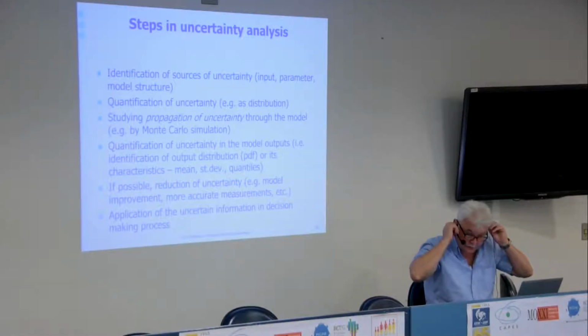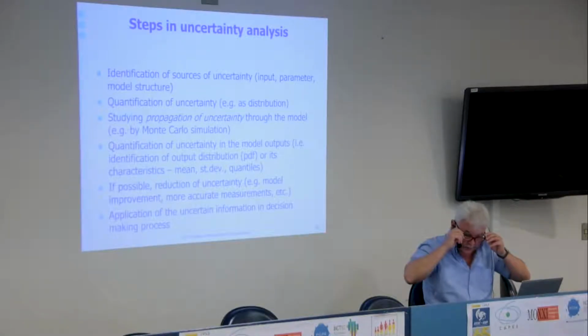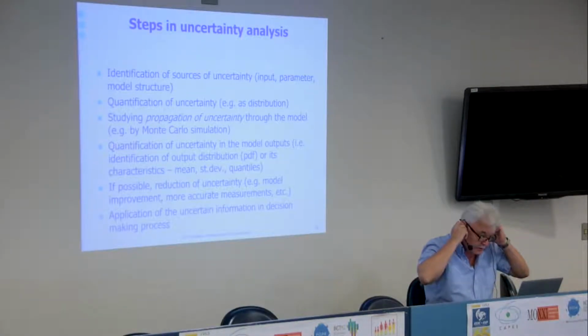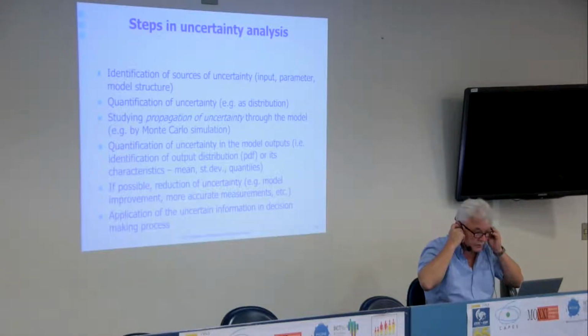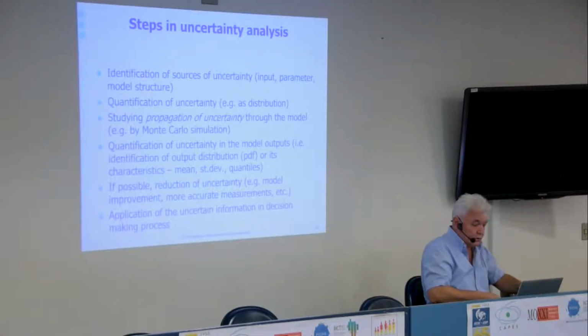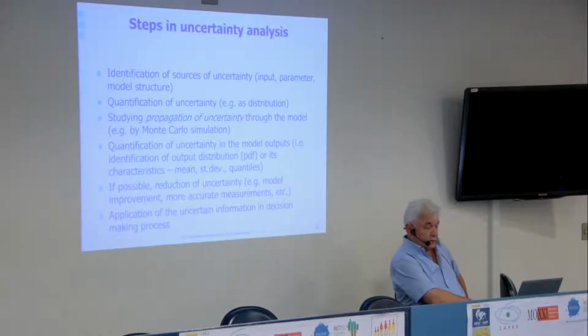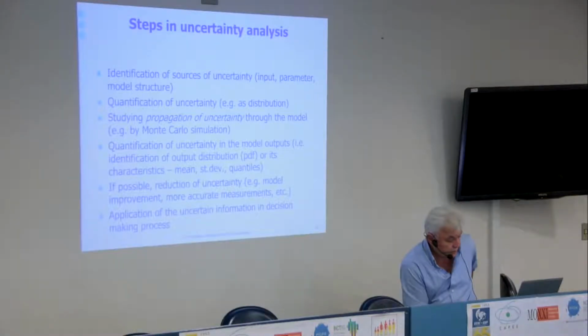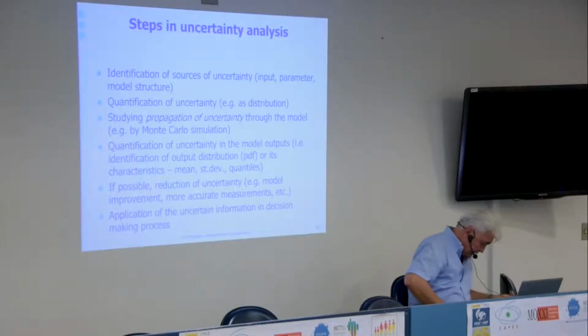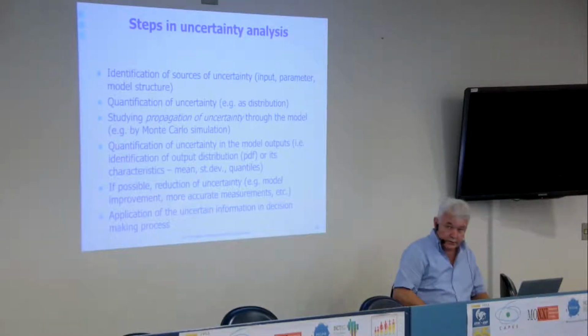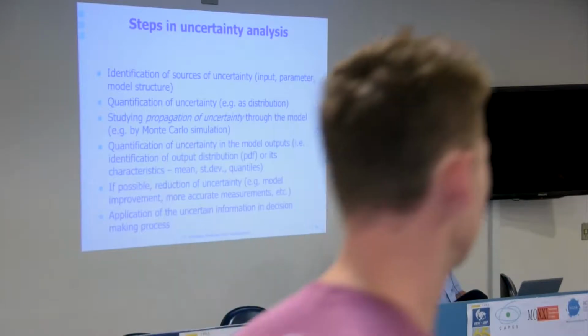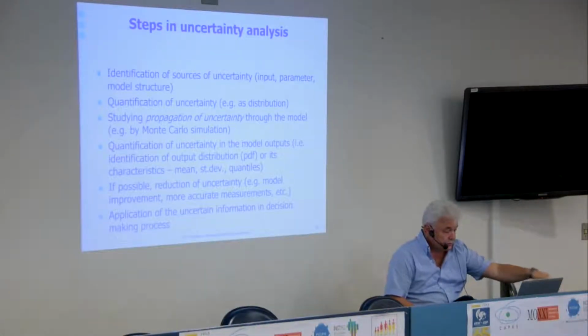So we continue. So what are the steps in uncertainty analysis? So first, we identify the sources of uncertainty. As we discussed, there are different sources, and it would always be useful to distinguish between different sources to understand what we're doing.